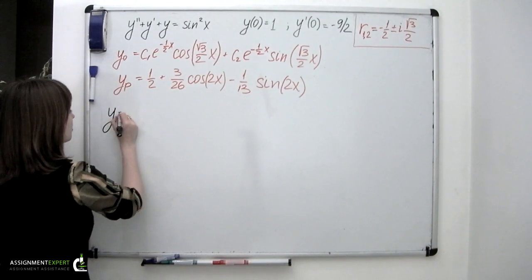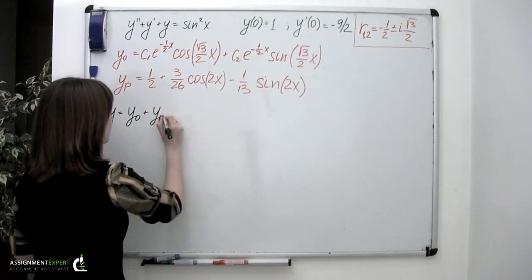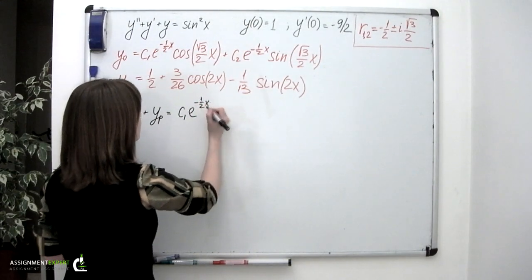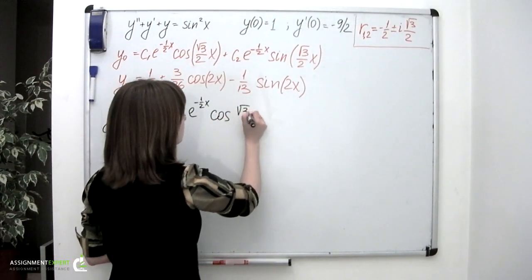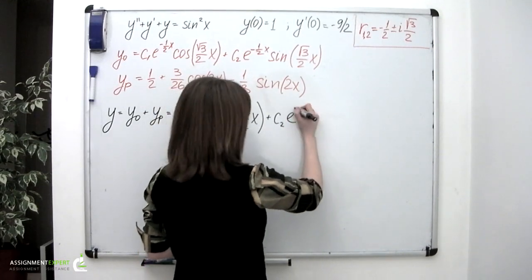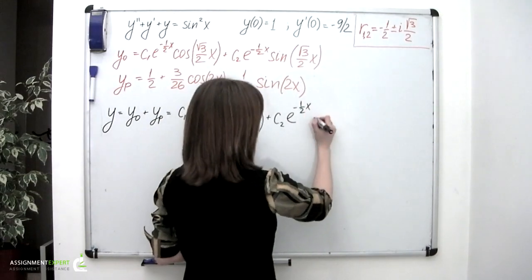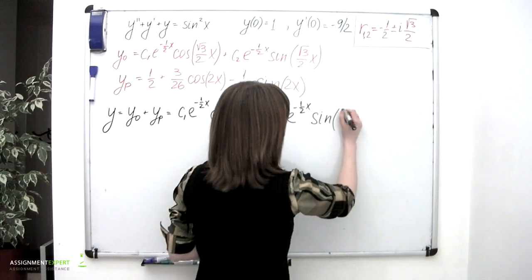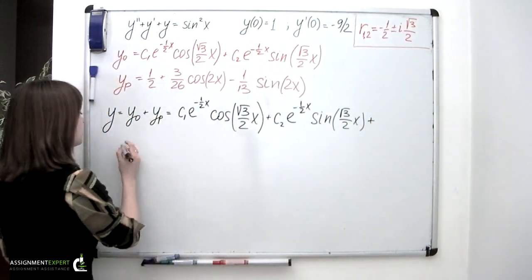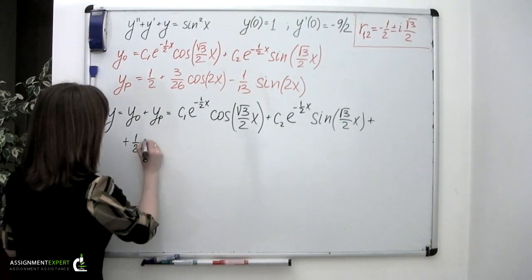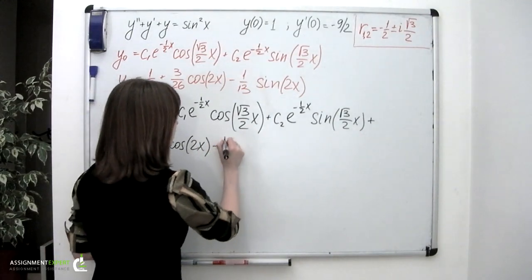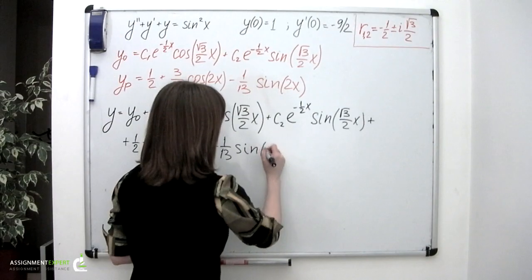So y, which is equal to y sub 0 plus y sub p, is equal to c1 times e to the power of negative 1/2 times x times the cosine of square root of 3 over 2 times x, plus c2 times e to the power of negative 1/2 times x times the sine of square root of 3 over 2 times x, and plus this particular solution of the non-homogeneous equation, which is 1/2 plus 3 over 26 times the cosine of 2x minus 1 over 13 times the sine of 2x.